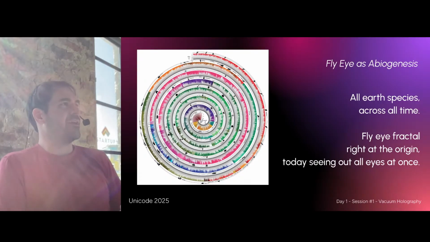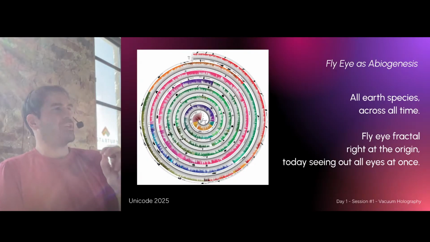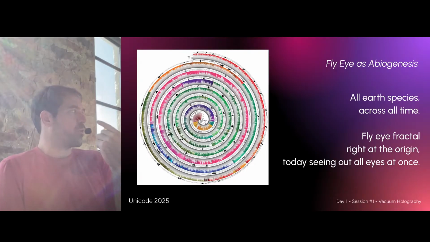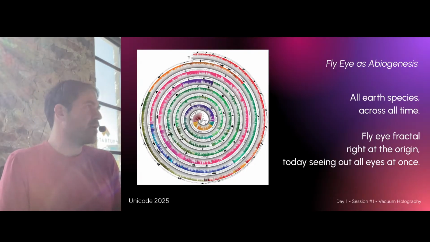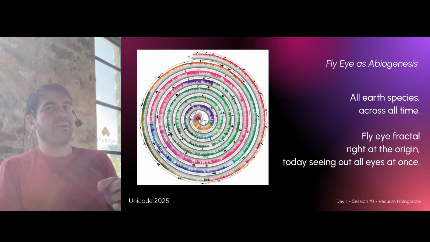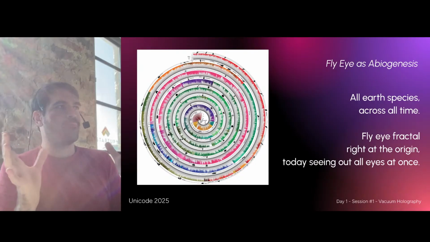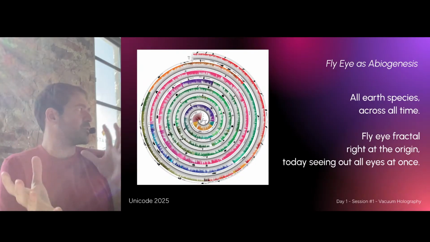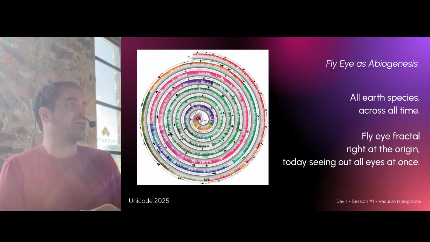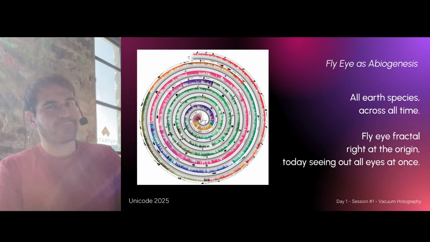What I'm saying is that if you take that abiogenesis point and put your own eyeball of perception at that abiogenesis point, you can right now clearly feel how you are all species, all observers at once experiencing Earth reality.